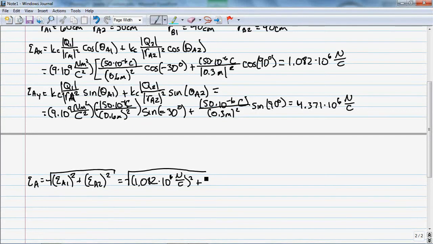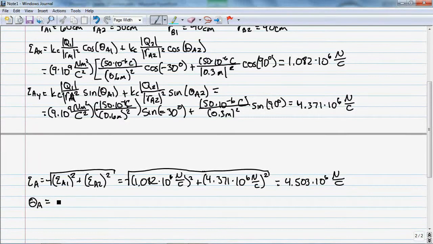It's just a lot of writing, isn't it? And you have to make sure that you keep everything correct. Try to put units in here. And put that all together, and the magnitude is 4.503 times 10 to the 6th newtons per coulomb.